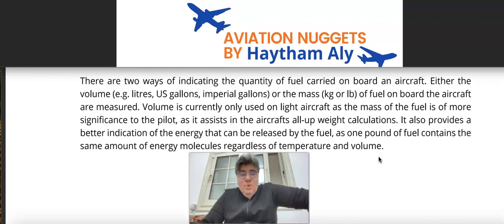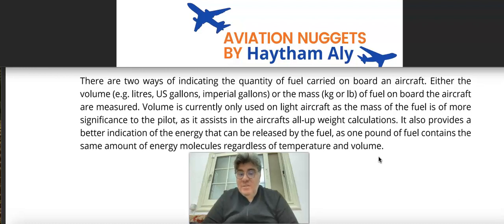Okay, everybody, as a summary of this training session, we have two ways of fuel indication in the cockpit: maybe fuel volume, maybe fuel mass. Only in light aircraft, small jets, small aircraft, we may have fuel indicated in volume.